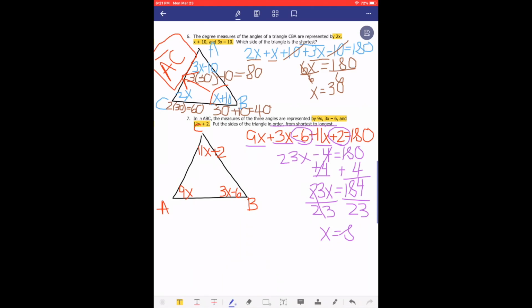So for angle A, I'm going to plug in 8, 9 parentheses 8. That's going to give me 72 when I multiply 9 by 8. For angle B, 3 parentheses 8 for x, minus 6. 3 times 8 would be 24. 24 minus 6 would be 18.